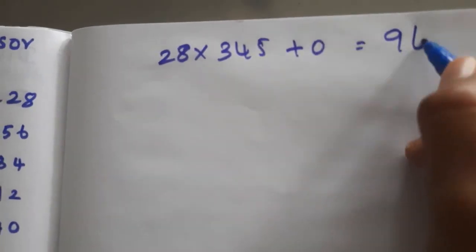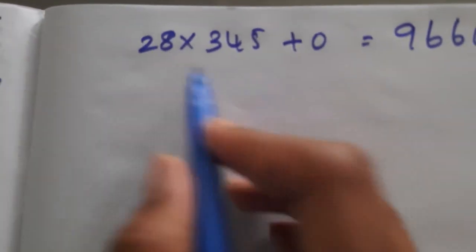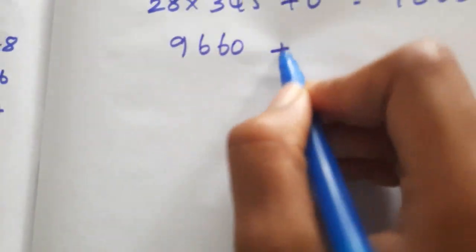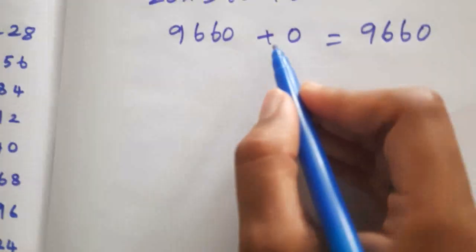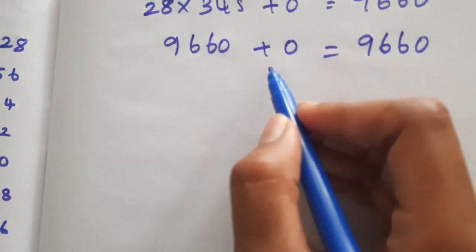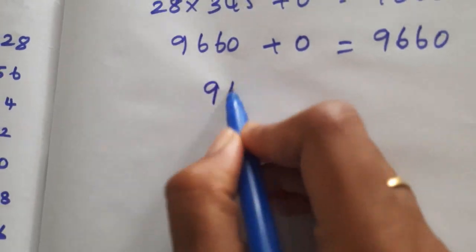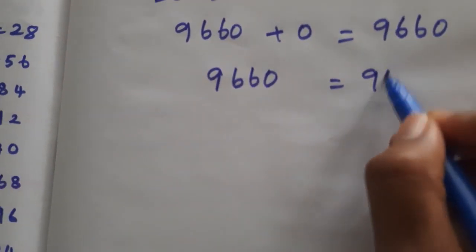So see, 28 into 345 plus 0 equals 9660. While multiplying, what is the product? 9660. 9660 plus 0 equals 9660. If we add zero to any number, what is the sum? The same number. So the answer is 9660.